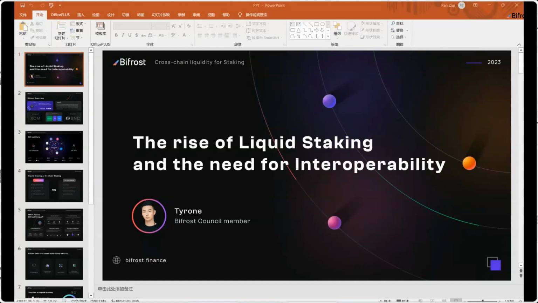The unique part of Bifrost is that we are offering a middle layer in the ecosystem between consensus staking, proof of stake, and the use cases of DeFi.